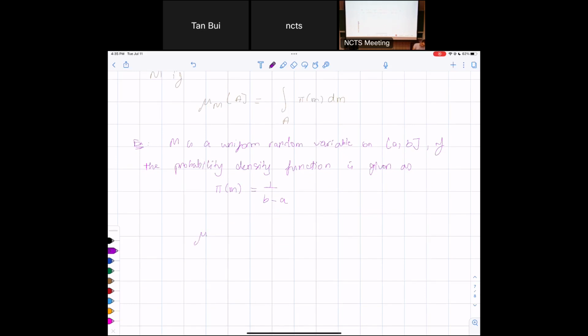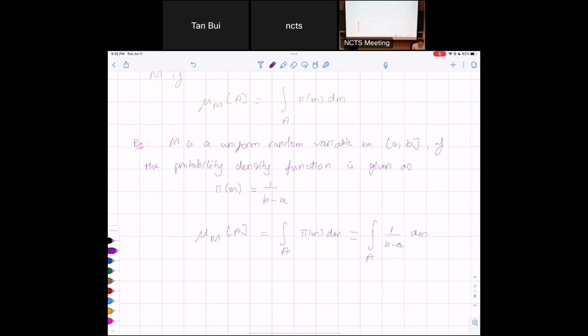Therefore, if you want to measure the probability of any set A, by definition, it is the integral over A of pi M dm, which is equal to the integral over A of 1 over B minus A dm.